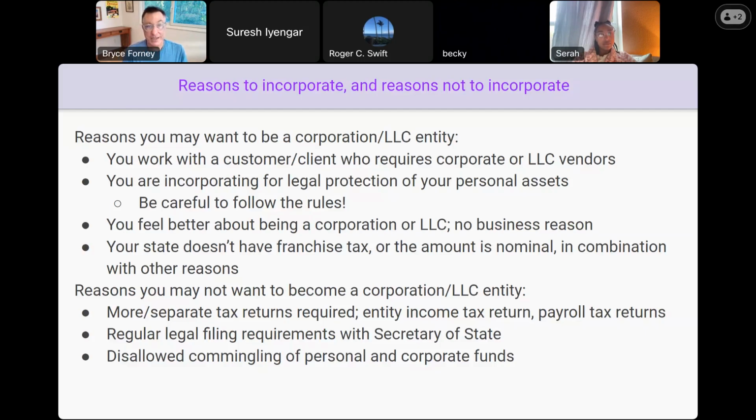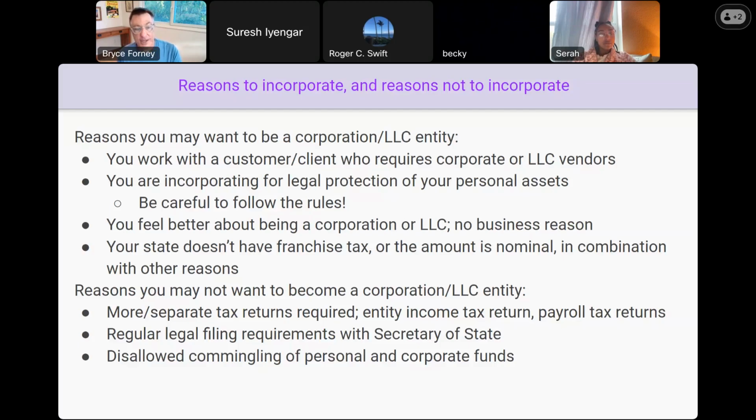In other states, there may be little or no franchise tax. It may be really nominal, a $25 annual fee, something like that. And if that's the case, then you get all of the benefit and don't have to deal with any of the tax delta, or the tax delta is very small.